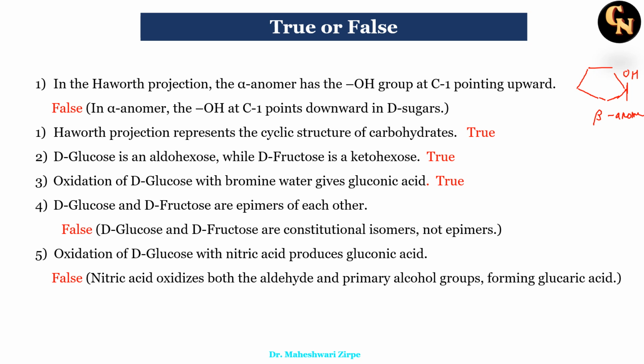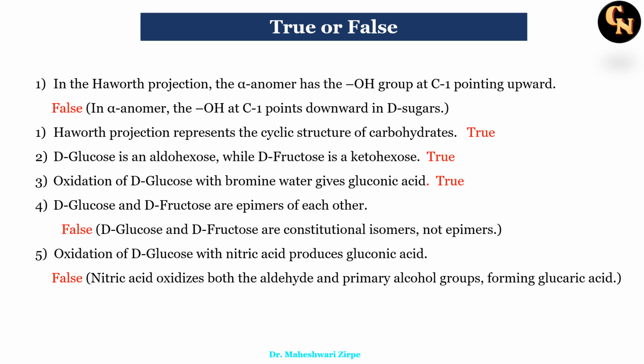So let us see one example only so that it will be clear how the alpha and beta anomers we can show in Haworth projection.